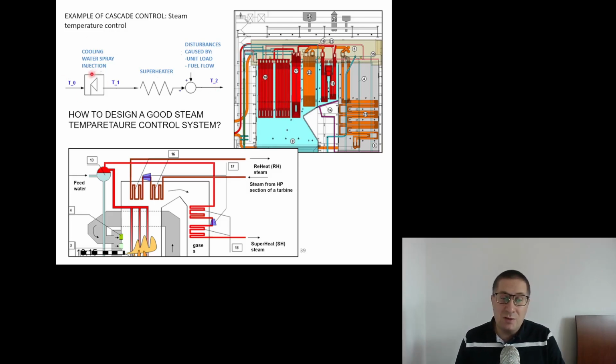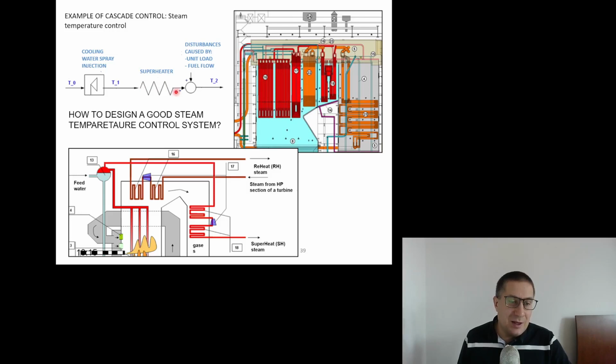So we have to inject this water before the superheater, which is problematic from the control system point of view, because the superheater, you see how many pipes are here. It's a big heat exchanger characterized by essential transport delay, like 30 seconds, a minute, and some inertia.